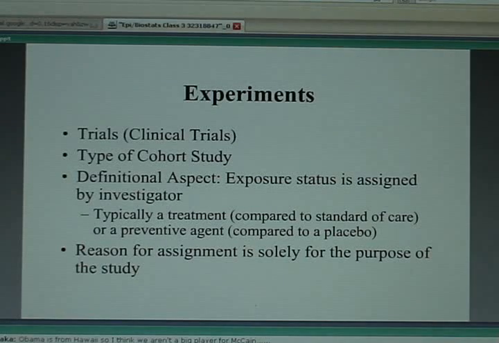And typically there, what you're doing is comparing a new preventive agent to often what is known as a placebo. And I'll talk about placebos in a few minutes.